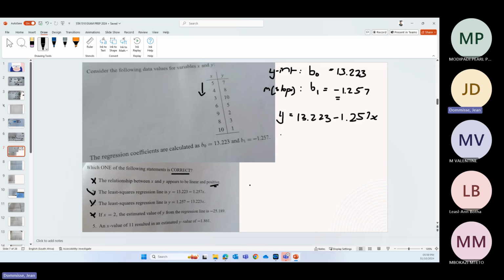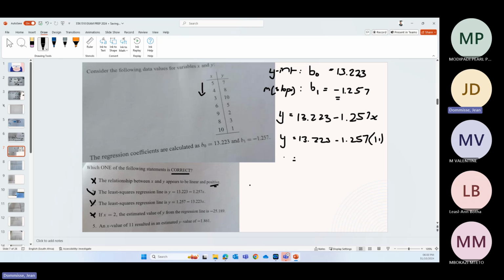So y is equal to 13,223 minus 1,257 times 11. 1,257 times 11 is 13,827.